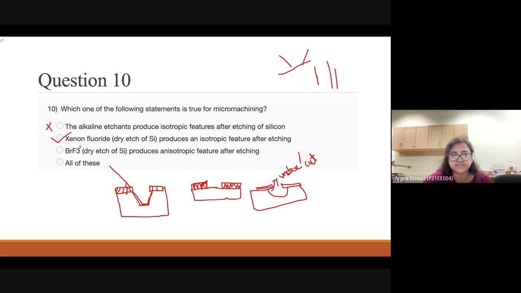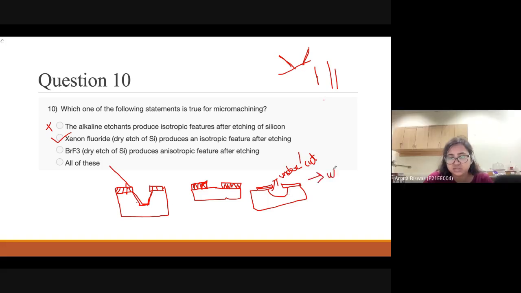And the BrF3 is also a dry etch, and xenon fluoride is also a dry etch. But xenon fluoride prepares this type of structure, which is the anisotropic etch. And the BrF3 is the dry etch which produces an isotropic structure. Isotropic here is for the wet process.